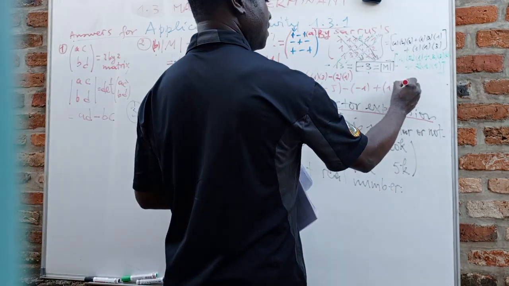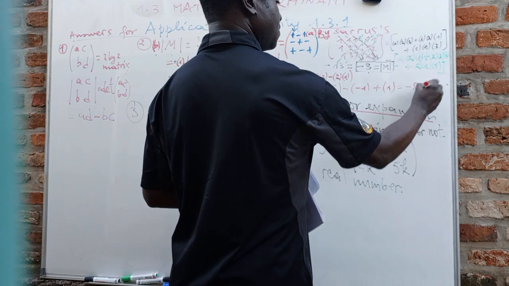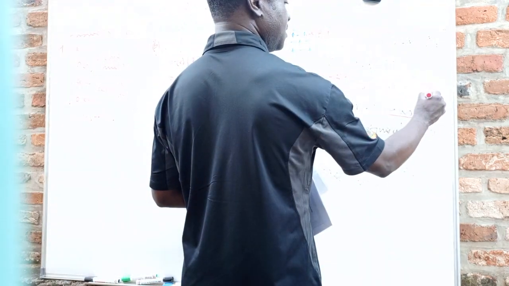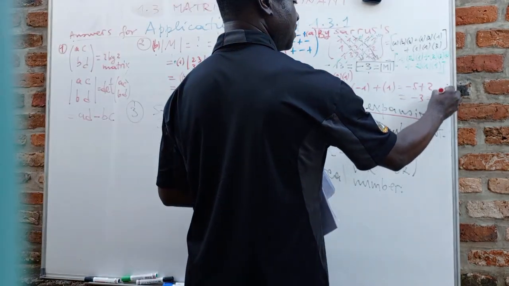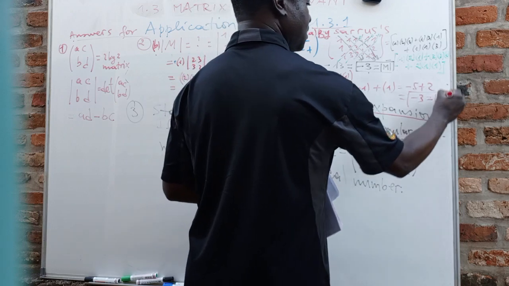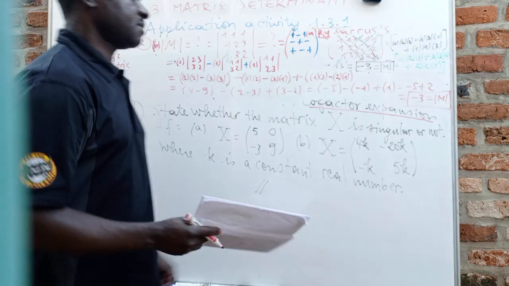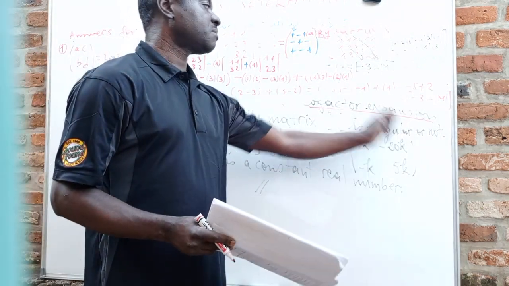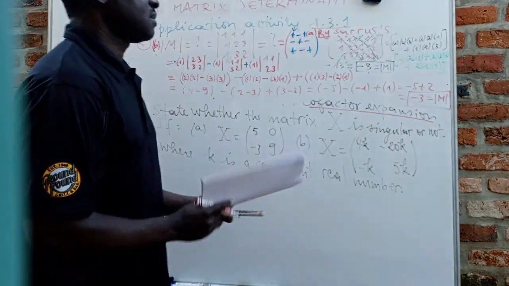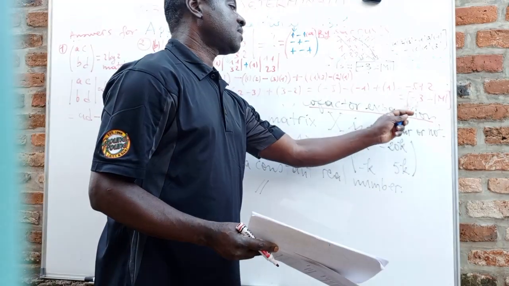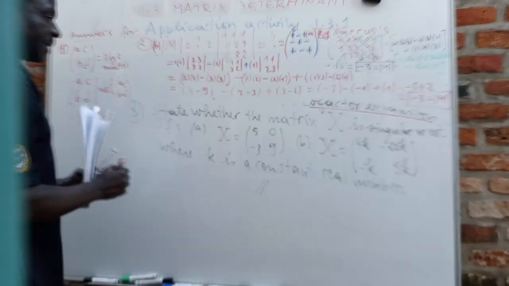Then we have -5 plus 2. So this is equal to -3. And likewise, we find this is the determinant of matrix M, as was expected from the Sarrus method. The cofactor expansion method also gives the same value. Okay.